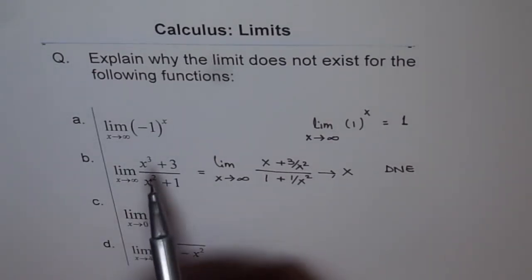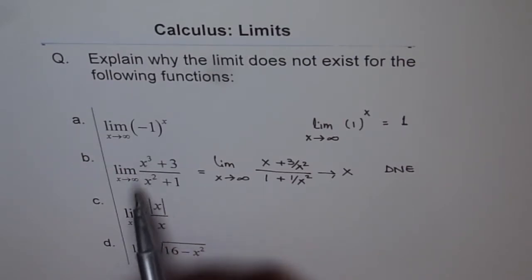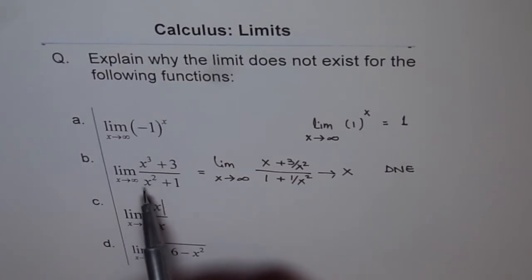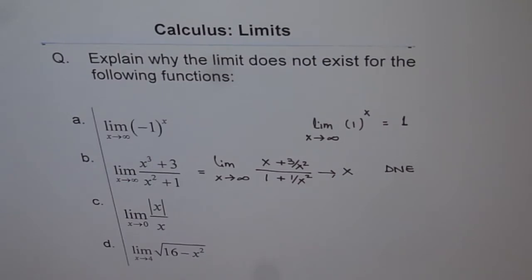Now, if I had, instead of x cubed, x squared, then it will exist, right? Also remember that a horizontal asymptote is kind of a limit when x approaches infinity, right? So if the degrees are the same, then the limit will exist.